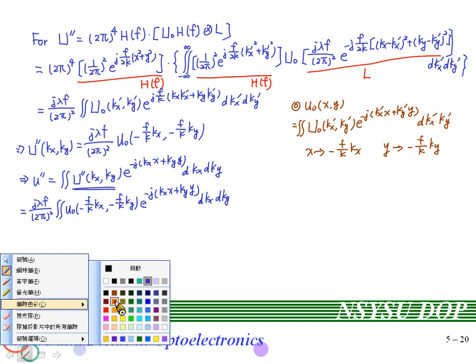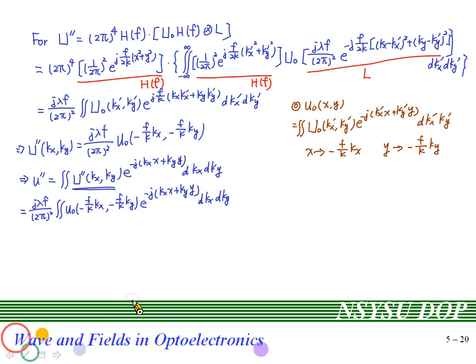Then u double prime can be written as the following equation. Okay, and then we find an interesting part here. If you consider this integral and compare with this one, we have learned that the capital U0, which is the Fourier transform of the U0, is like this.